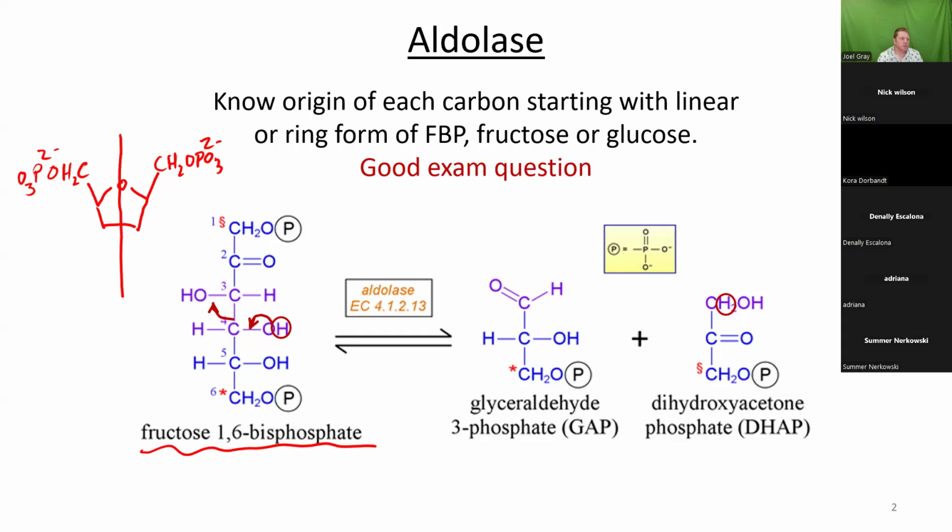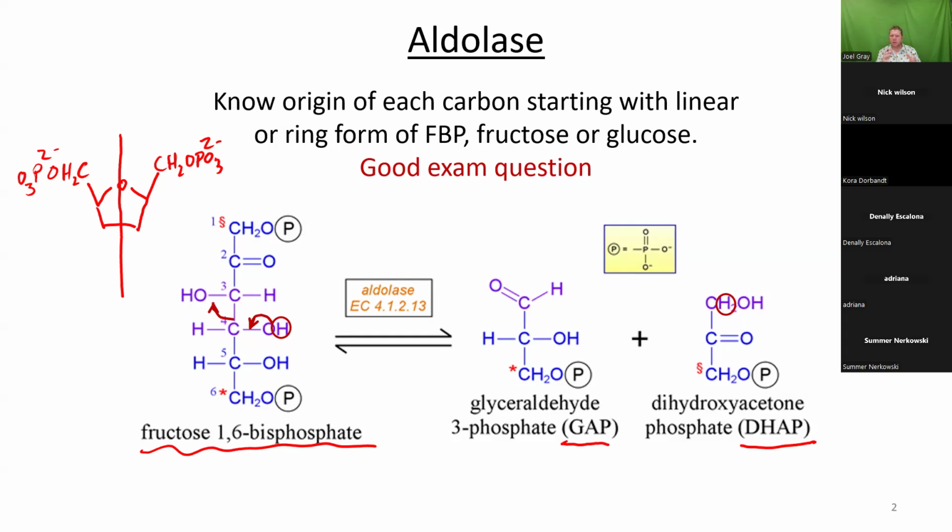Now, when you think about the terms aldoses and ketoses, using these acronyms, GAP and DHAP, which one of these two is a ketose? Perfect. Dihydroxyacetone phosphate, DHAP.